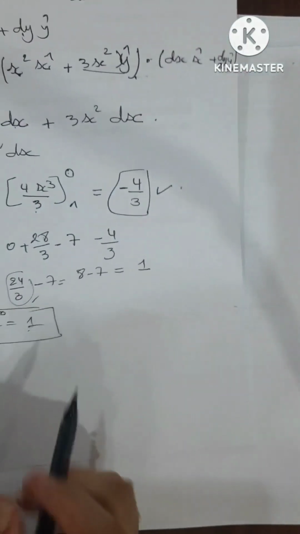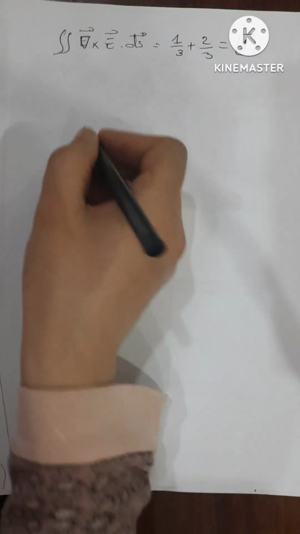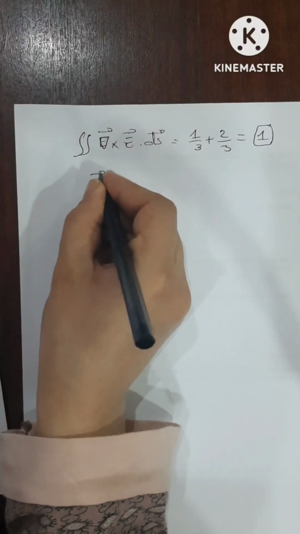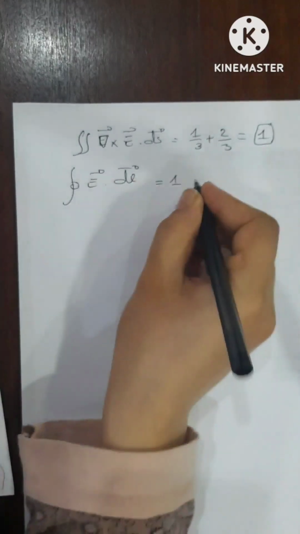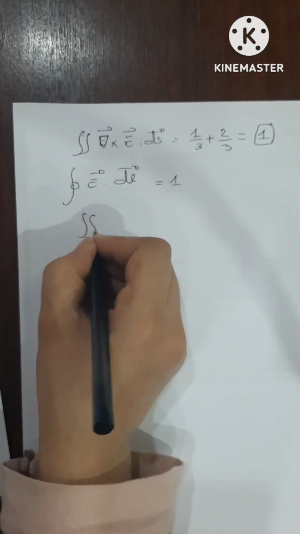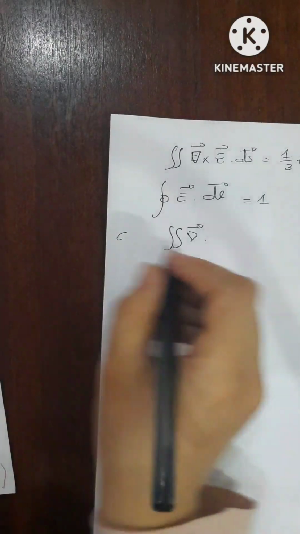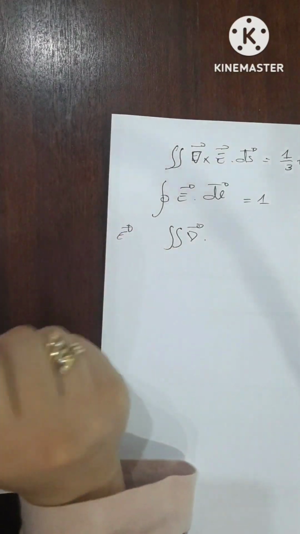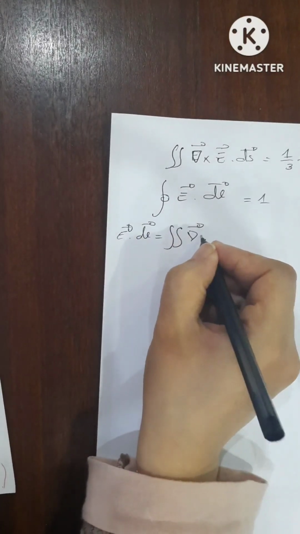And we have in the previous result E dl, which is the summation, over the closed curve is 1. So E dl equals the curl of E ds.